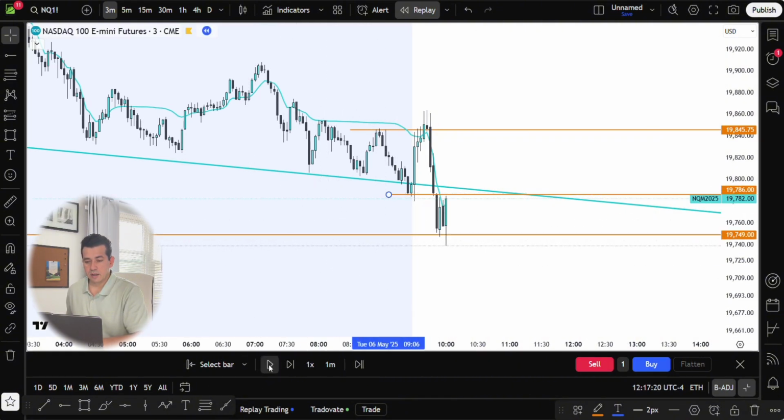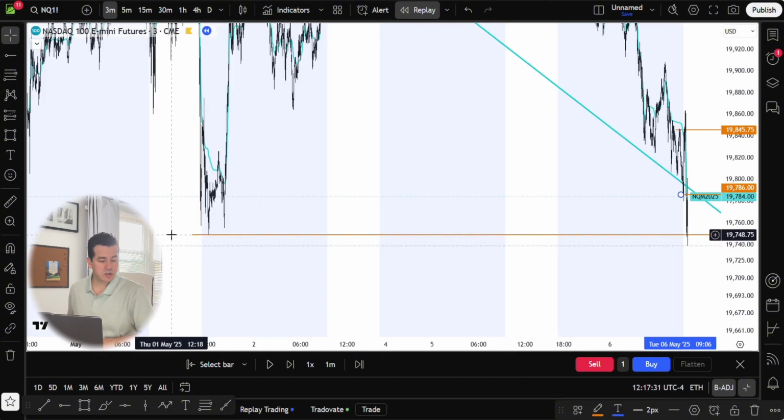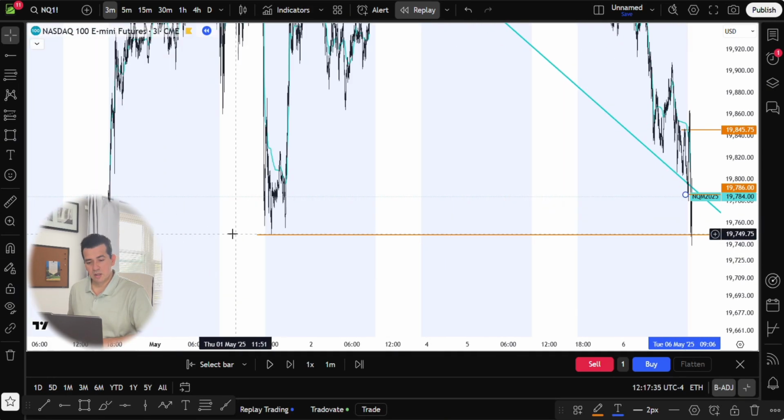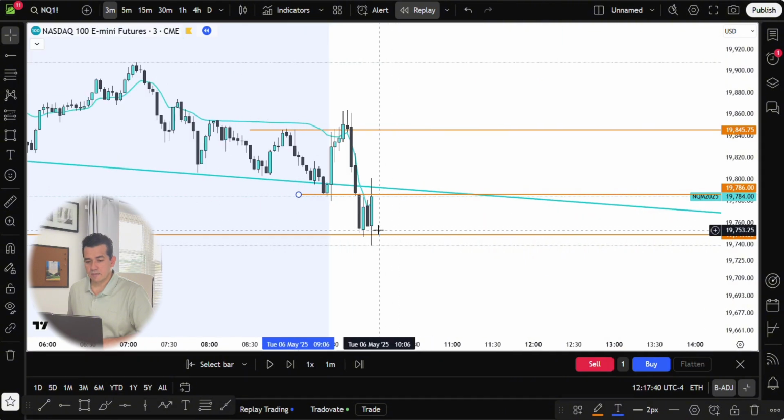As you can see right there, that candle swept this point, the slippage, the liquidity, took all these stops out, took this liquidity out, and what it does is, boom, it comes back up.